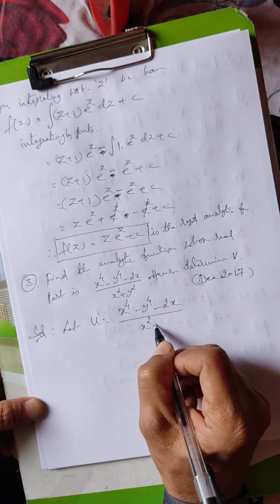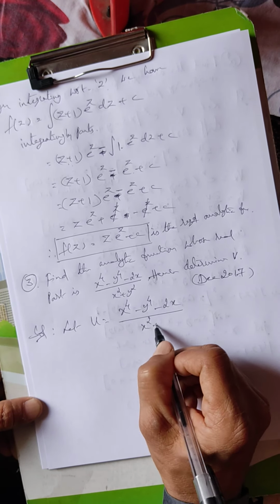So let us differentiate with respect to x and y partially. We get ux is equal to, so you see the given function is like u by v. We need to apply quotient rule. You know what is a quotient rule?